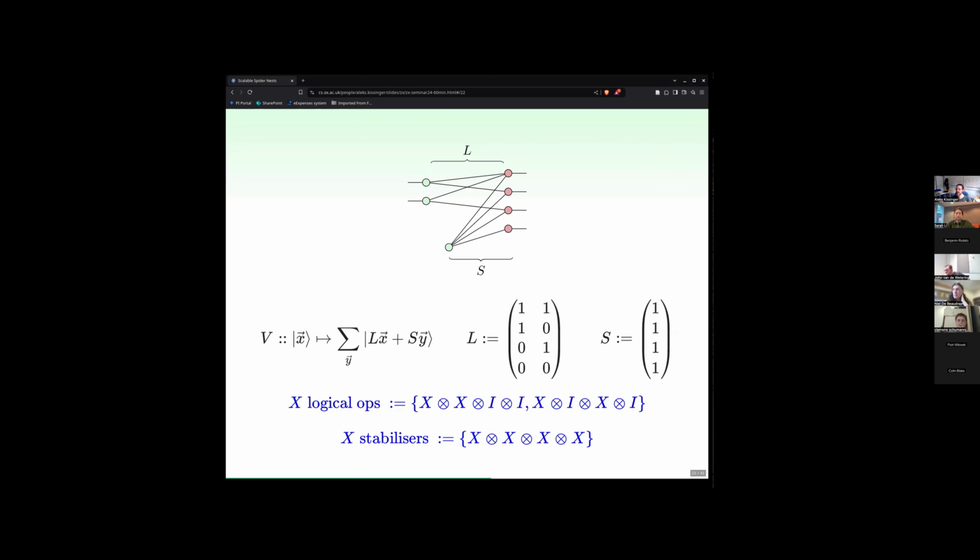So essentially you get the data factoring into three pieces: the pure Z logicals, the pure Z stabilizers, and a diagonal unitary, which generates your mixed stabilizer generators. But it's a bit of an open question, because there are also other normal forms that have other properties, and it's not really clear yet which is the most convenient one for working with.